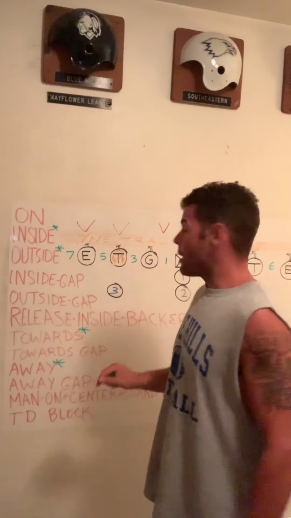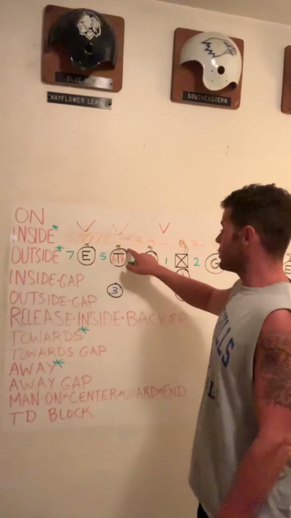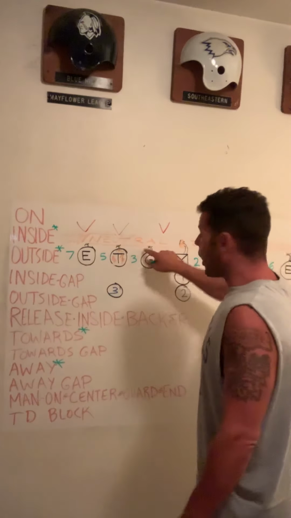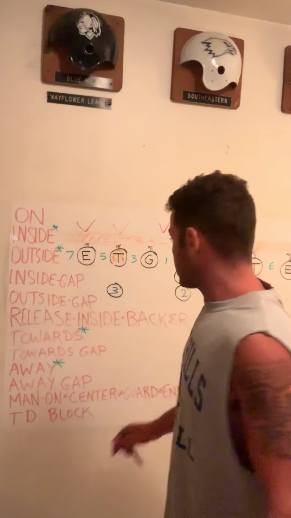No lineman at Blue Hills, unless it's a pull or a trap, will be asked to block more than one full man to either direction.